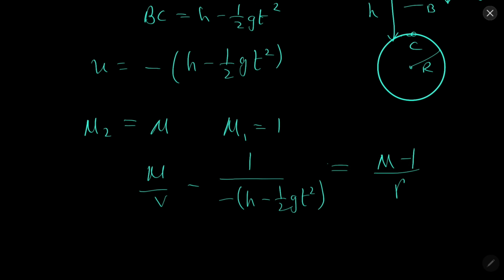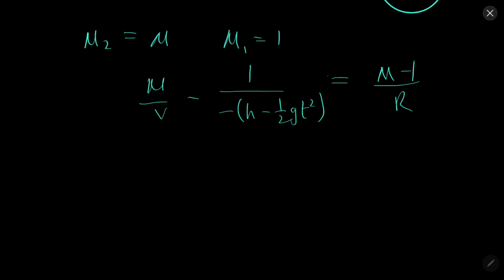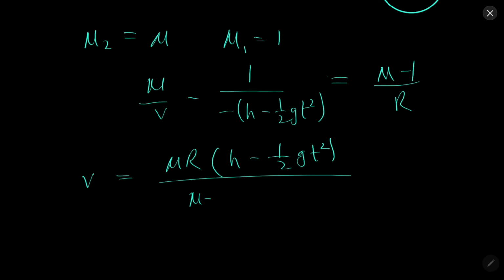Putting all the values from here, T will come out to be mu r. Let's first write V will come out to be mu r h minus half g t square over mu minus 1.